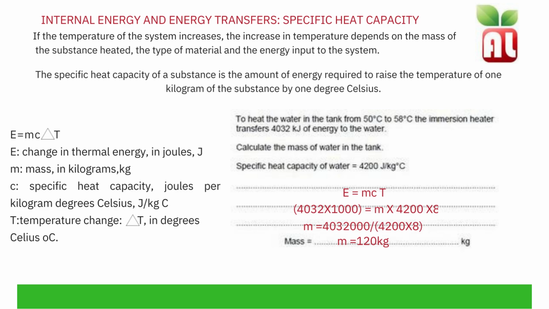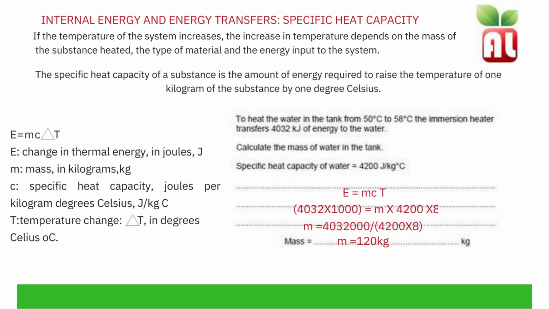Specific heat capacity. If the temperature of the system increases, the increase in temperature depends on the mass of the substance heated, the type of material, and the energy input into the system. The specific heat capacity of a substance is the amount of energy required to raise the temperature of 1 kilogram of substance by 1 degree Celsius.